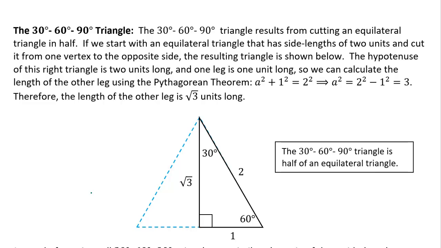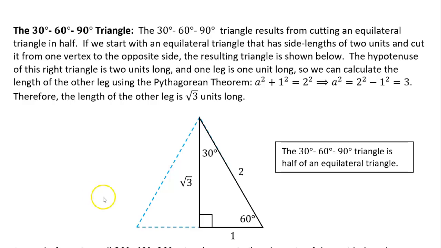The hypotenuse is 2, which is one of the sides of the original equilateral triangle. We cut the other side in half, and that's one of the legs. Then we can calculate the other leg with the Pythagorean theorem, and we find that the other leg is square root of 3 units long.